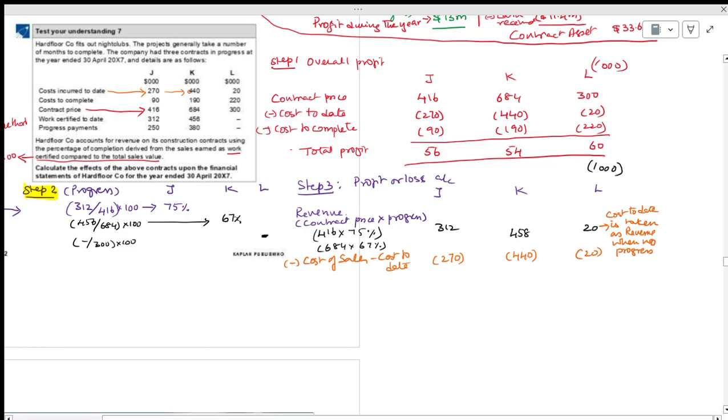Now you understand. If there is progress, there will be profit. There is no progress, there is no profit. What is the profit during the year?